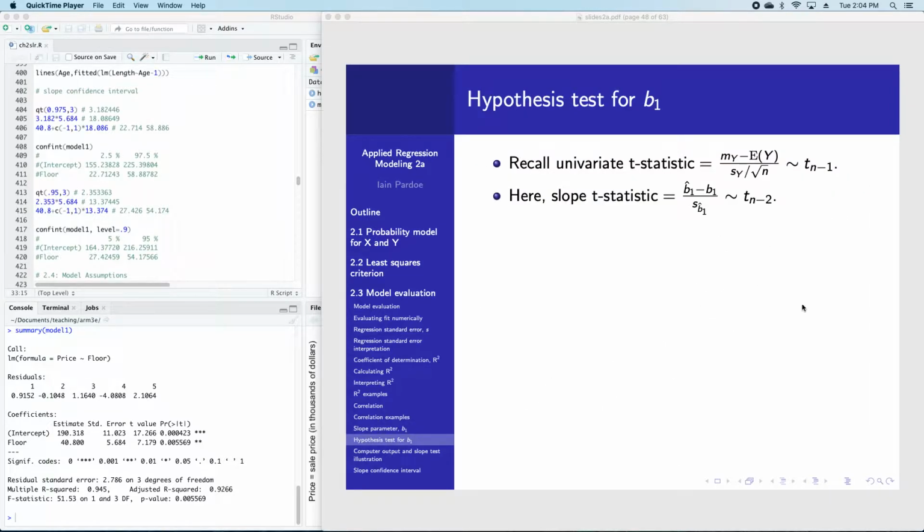If we think back to when we did a hypothesis test in the first chapter, we were looking to estimate the mean for some univariate data.